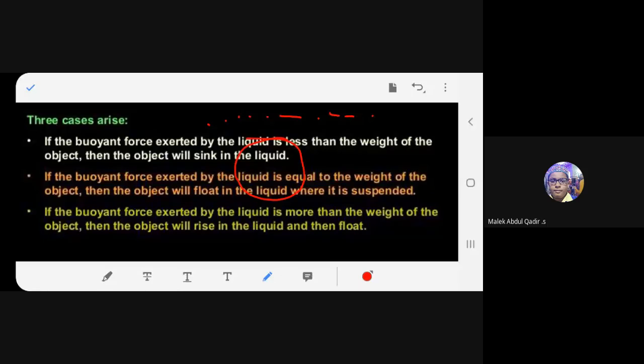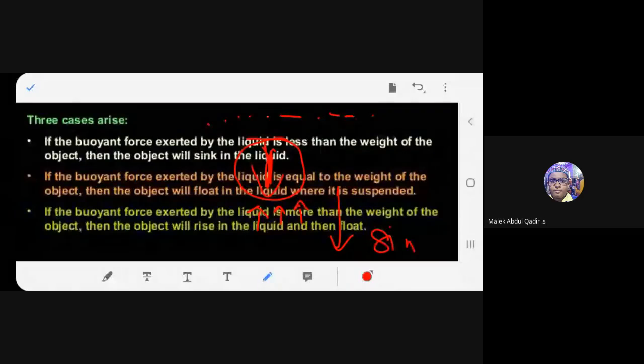This is the object. I will show with small arrows. If the buoyant force is less, then the weight is the big one, that is the big arrow. So what will happen? It will come down. It will sink. Right?